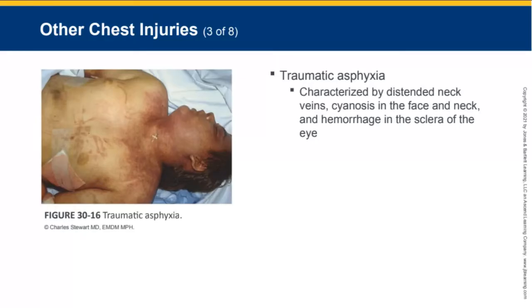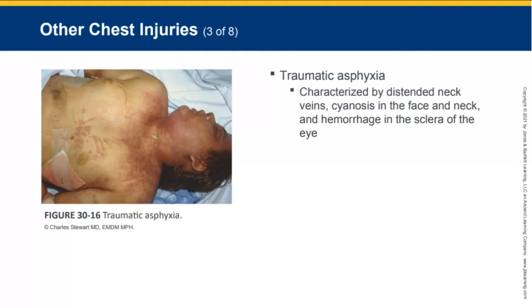So something fell on the patient's chest and it is crushing it. So the chest cannot rise effectively, and it creates significant back pressure of blood in the vessels to the point that the blood vessels in the eyes can rupture.